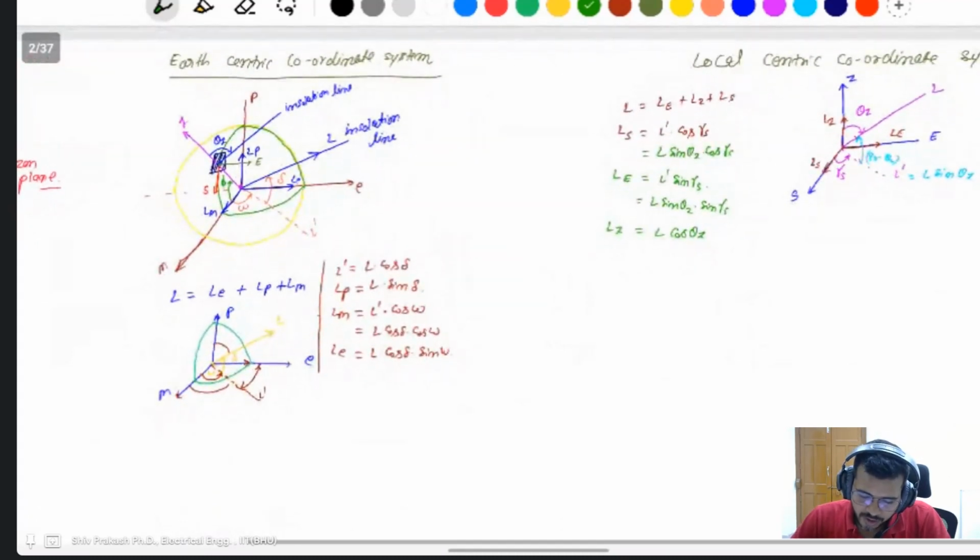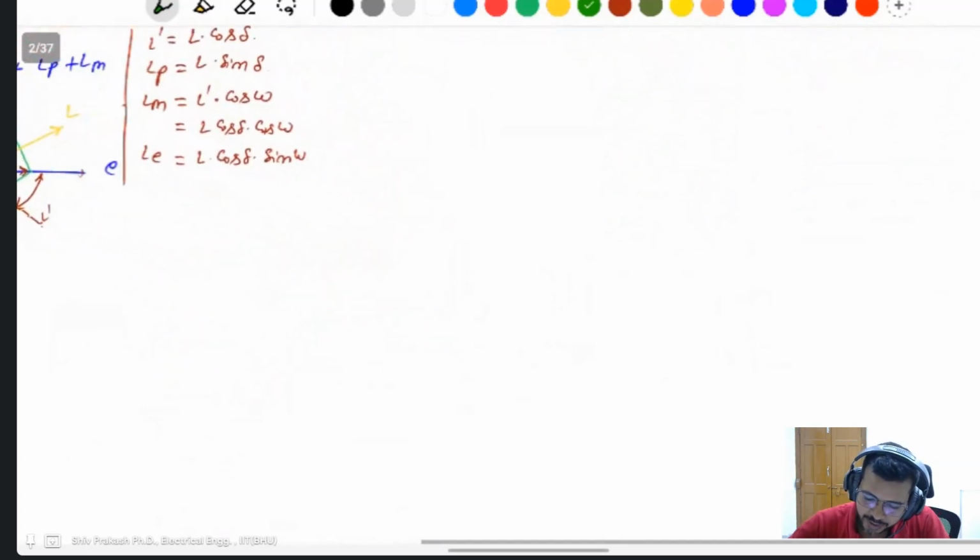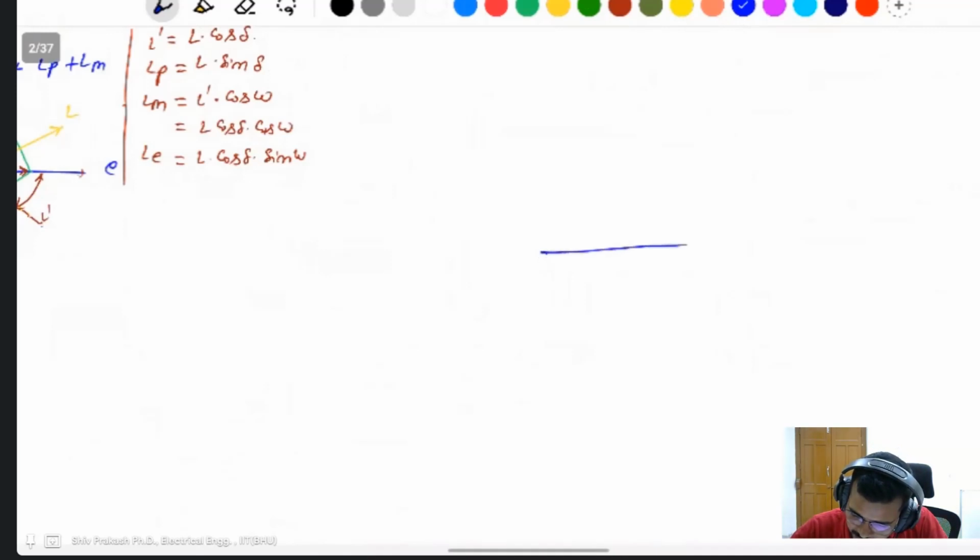The two coordinate systems are the Earth-centric coordinate system and the local-centric coordinate system. If you combine them, you will find the east axis is the same axis. The polar axis is normal to the east axis.